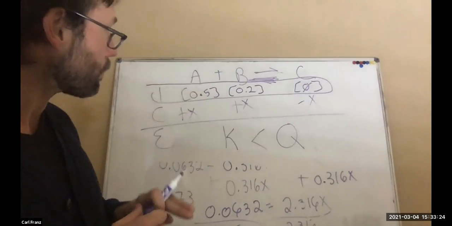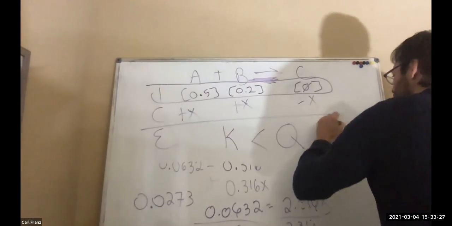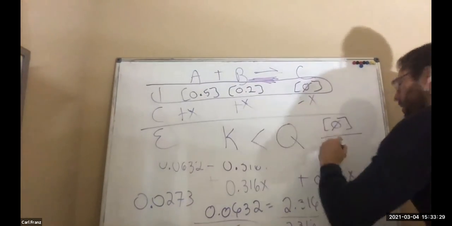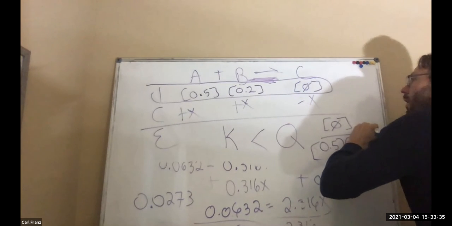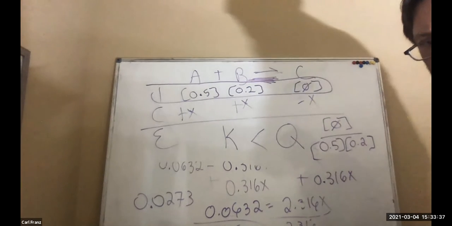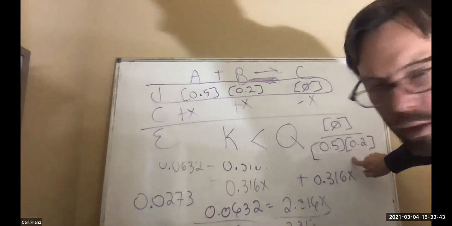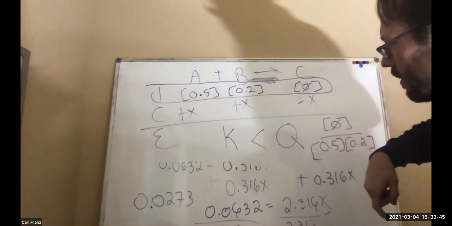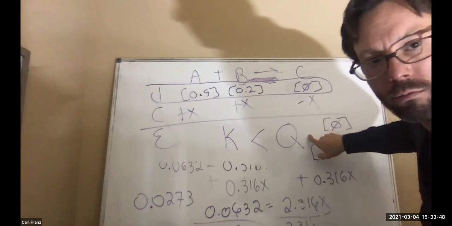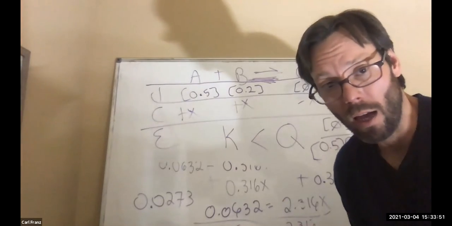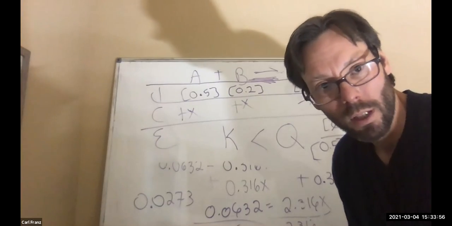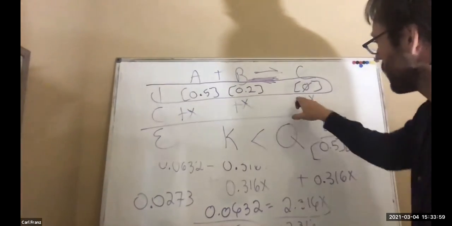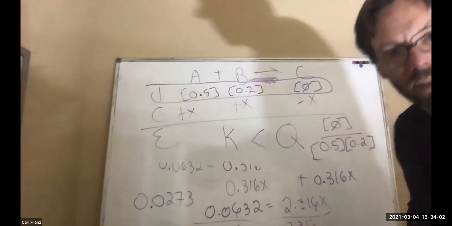So to find Q, you would just take the concentration of 0 over the concentration of 0.5, in this case, times the concentration of 0.2. 0 divided by something is 0. So we'd say Q is 0. And then I would give you the value for K, and that would be greater than 0. And so that would be favoring the products, and so X is plus and the reactants are minus.